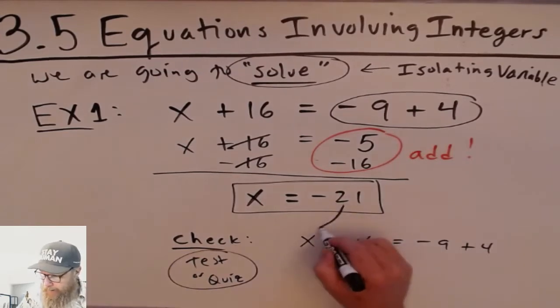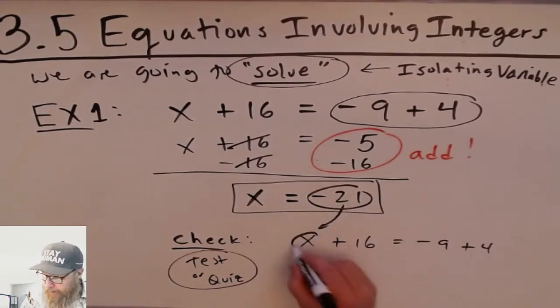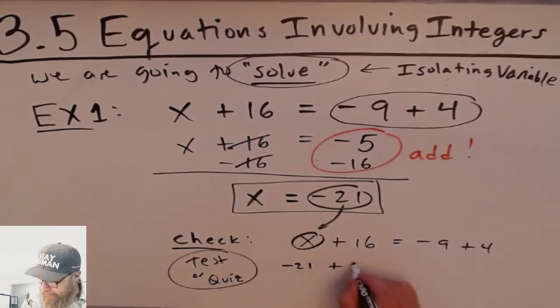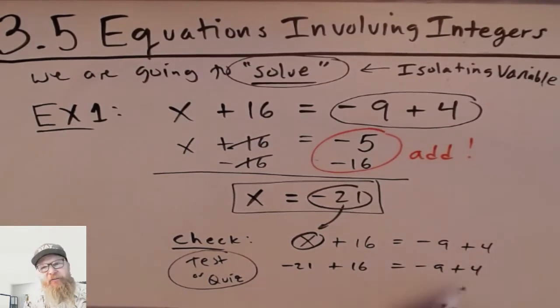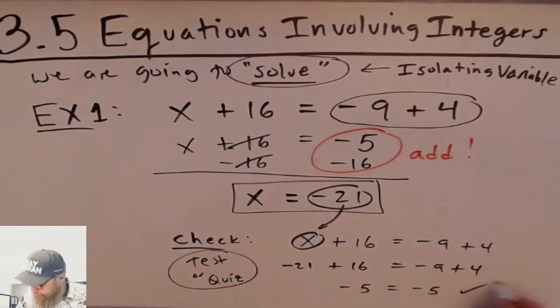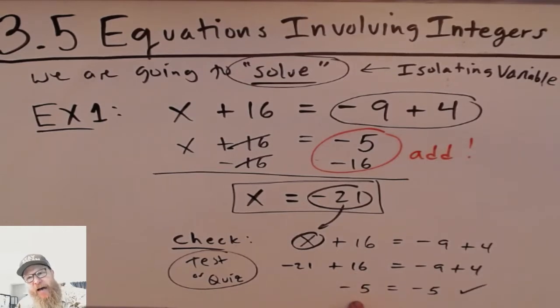So you're going to plug in your candidate. That's what we call it before you've checked. And then you're just going to verify that the two sides both come out to be the same value. And they do. -21 and 16 is -5, and -9 plus 4 is also -5. Check.